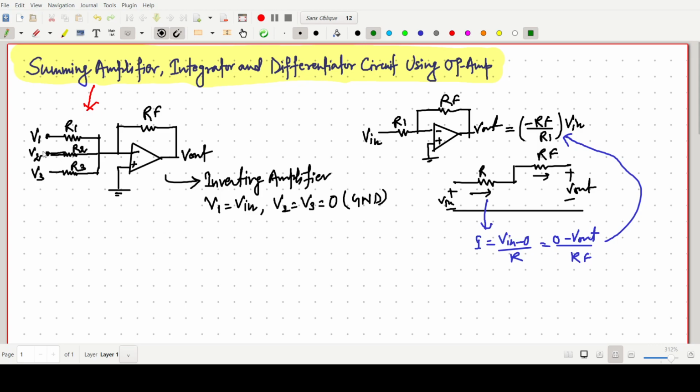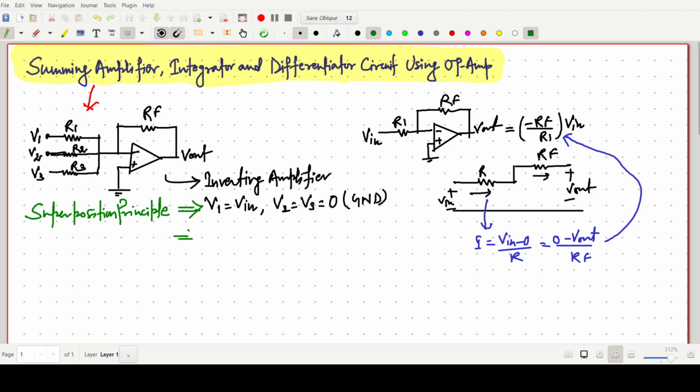Because we are using three inputs, we have to use the superposition principle. So if we use the superposition principle, the first case is considered as case 1.